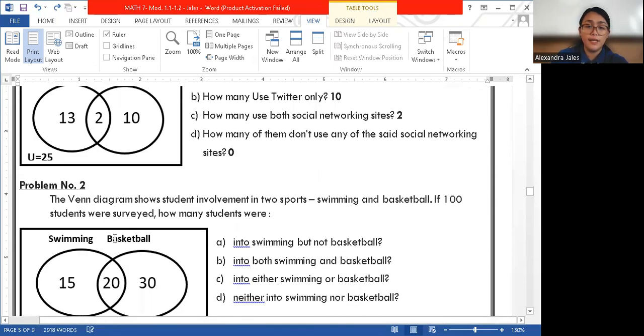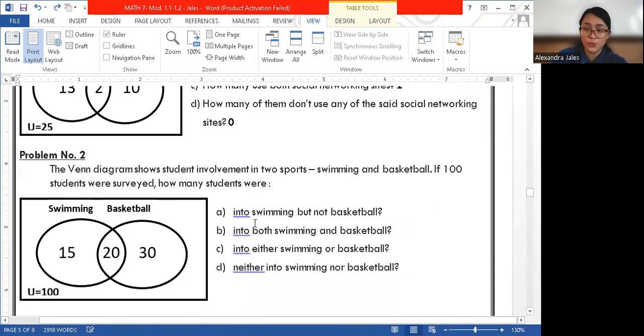And we have now problem number 2. So I want you to answer this and pass your activity, problem number 2, to your teacher. Again, get 1/4 sheet of pad paper, write your name and section, and submit it to your teacher.